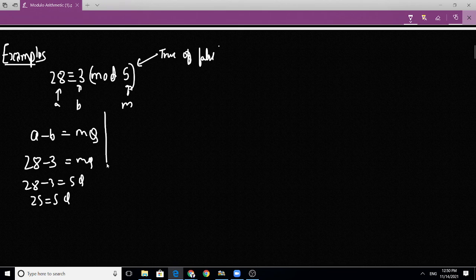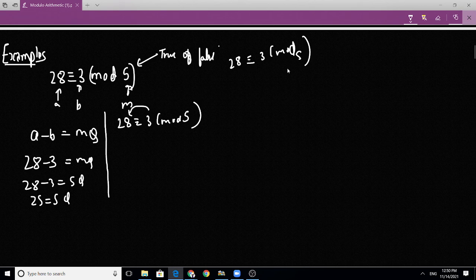If you don't want to do all this, there is a simpler method. 28 congruent to 3 mod 5. Just send 3 this side. Assume the congruent sign is just like an equal sign, 28 equals 3, and when you send 3 this side you get 28 minus 3 equals 0.